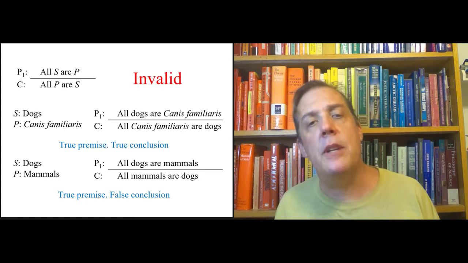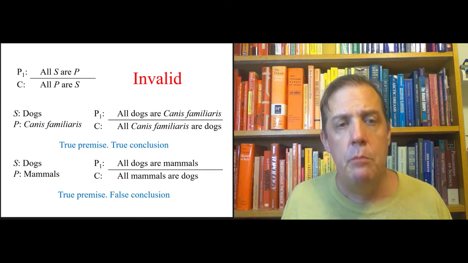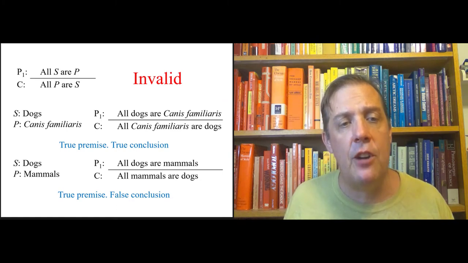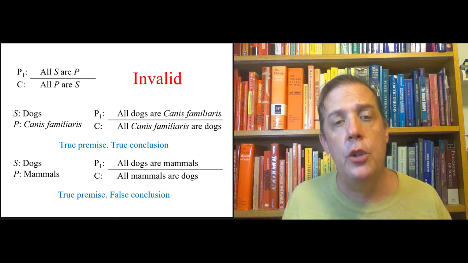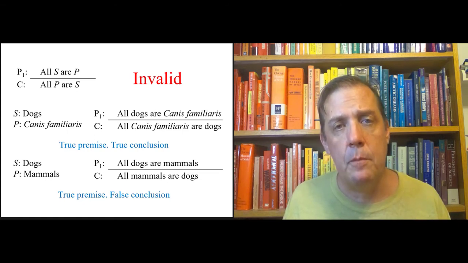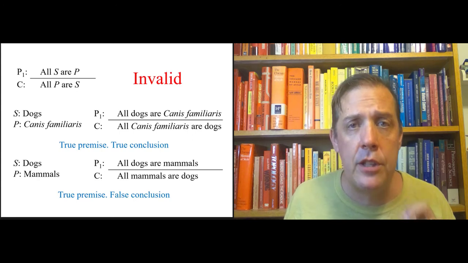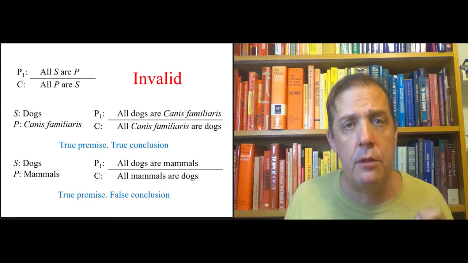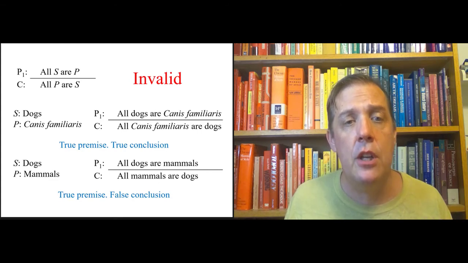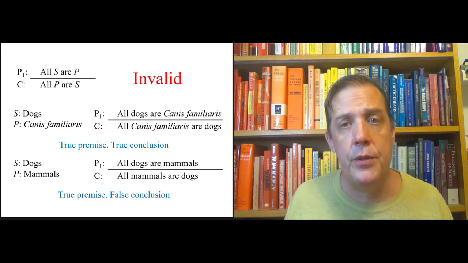So this argument is invalid because some of the time when you substitute things in for S and P, you get a true premise and a false conclusion. That doesn't happen all the time with all the things you can substitute for S and P. It doesn't happen with dogs and Canis familiaris, but it does happen with dogs and mammals.